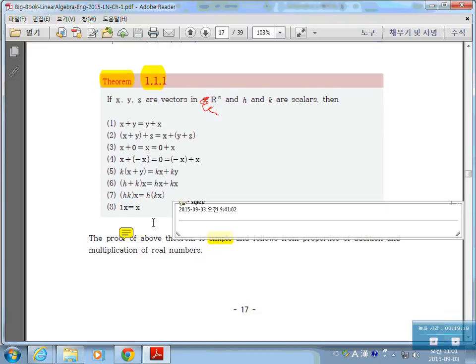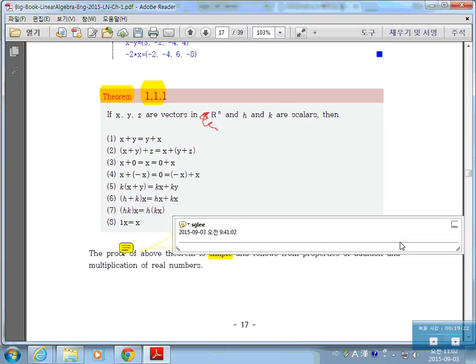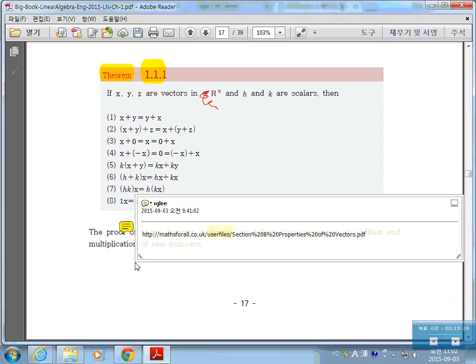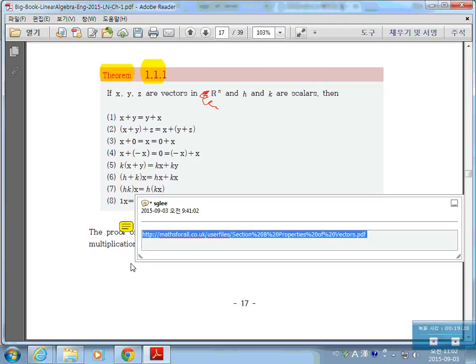The proof of this theorem is very simple, and can be found in many places, and you already know it.